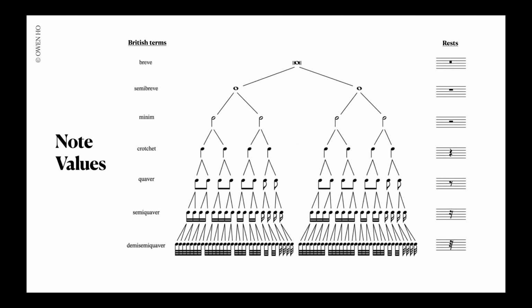At the very top of the diagram, we have the breve, which looks like a circle surrounded by 2 lines on each side. 1 breve is equal to 2 semibreves, and you can probably see how the maths go. 2 semibreves then divides into 4 minims, and 4 minims divides into 8 crotchets, 8 crotchets divides into 16 quavers, 16 quavers divides into 32 semiquavers, and 32 semiquavers divides into 64 demi-semiquavers.